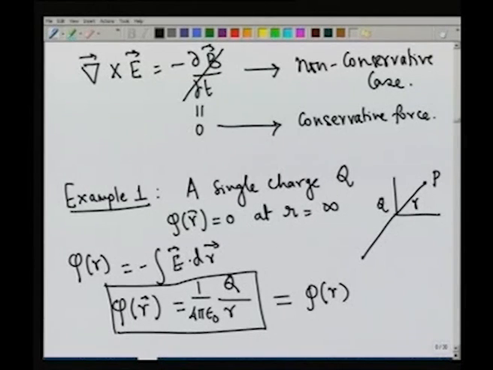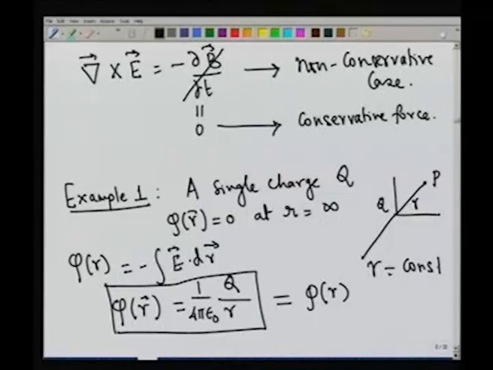My potential would not change at all. If my potential is not changing at all, if my charged particle were moving on the surface of the sphere, there is no change in the potential energy. Therefore, there can be no change in its kinetic energy. This surface is what we call an equipotential surface. So, r equal to constant, that is the definition of a sphere, is an equipotential surface.